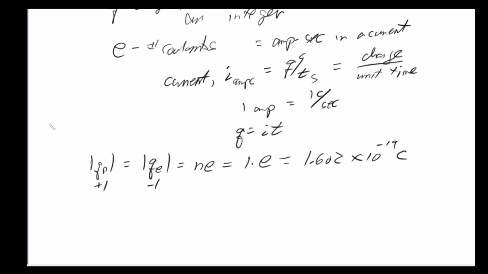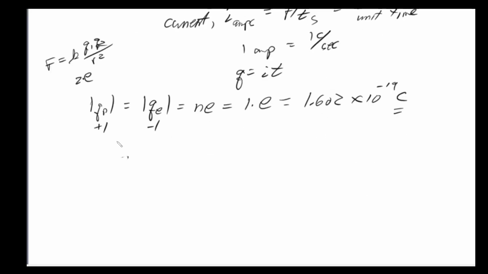And that's what you use in the Coulomb's law equation. Okay, so if you say that you have an atom with 2 protons, and that's Q1, you don't put 2 in there, you put 2 times E in there to get the coulombs. So again, 1 proton or 1 electron has a charge of 1.602 times 10 to the minus 19th coulombs.